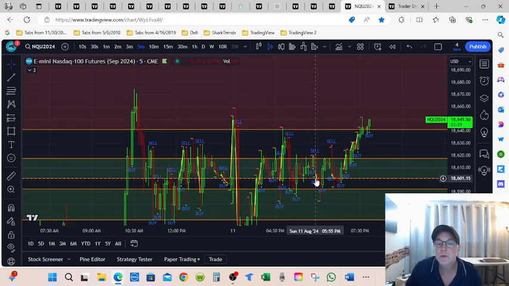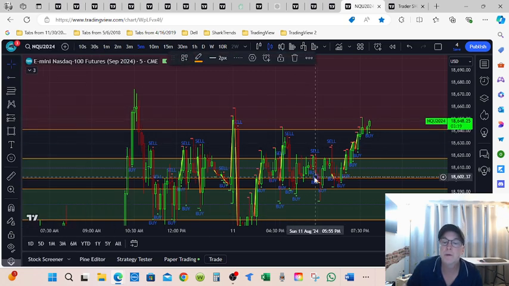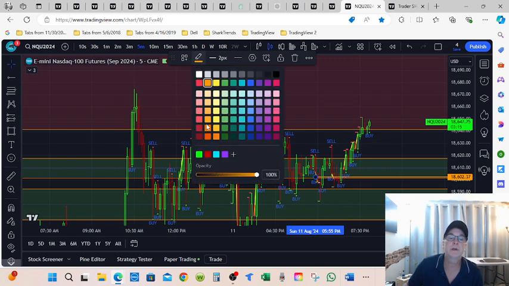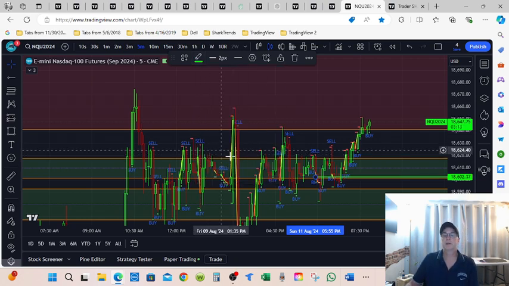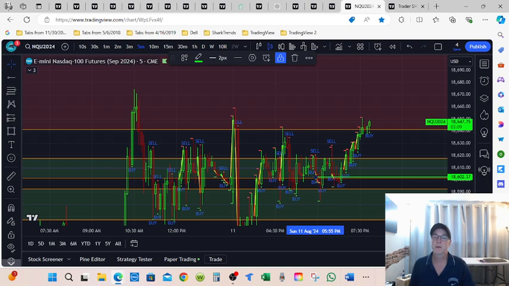And the last one was right here, and I'm just going to put a solid line right there, and we're going to make a line, turn it green, because that is the last one. If we get one above that, so that's the last line of support.